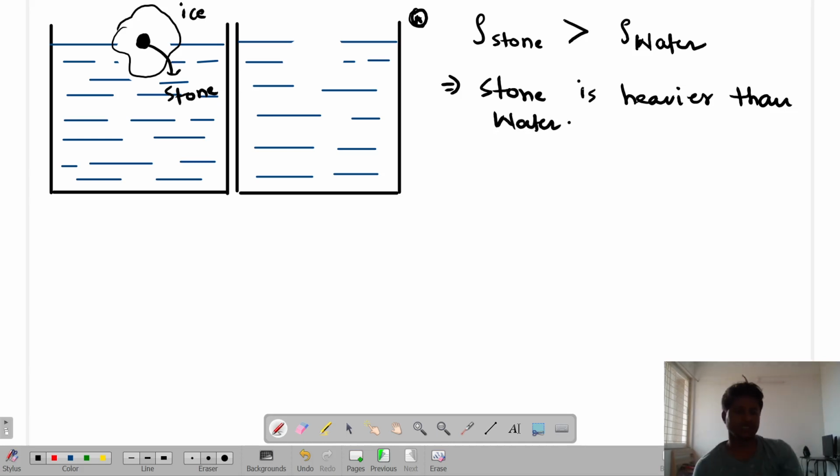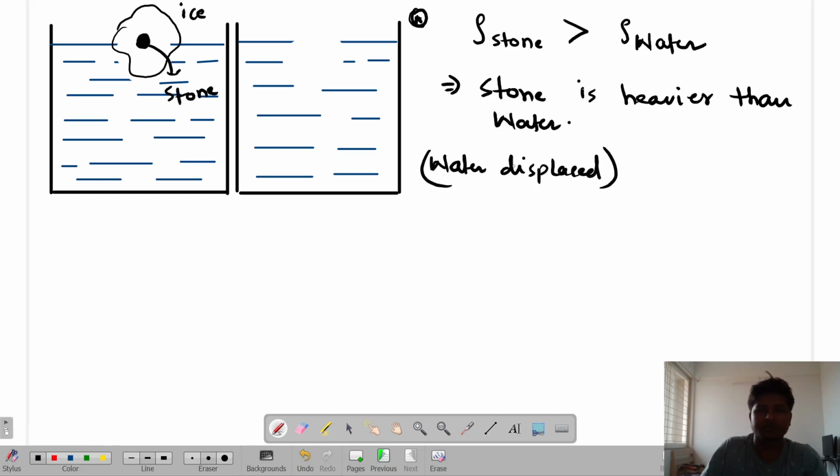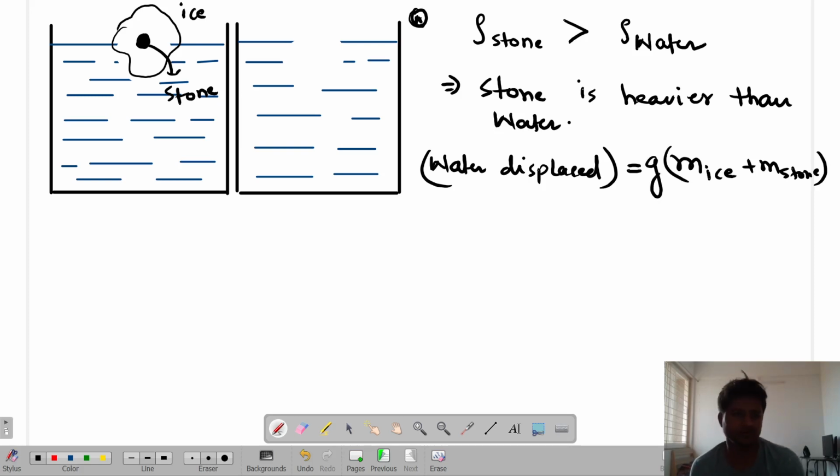Initially, the whole system's water displaced was equal to mass of ice plus mass of stone into gravity g. That was my water displaced.